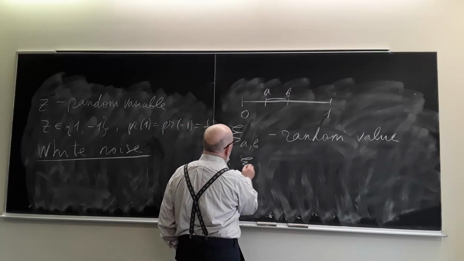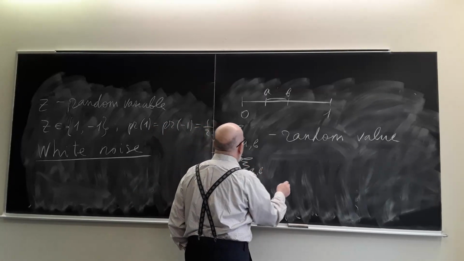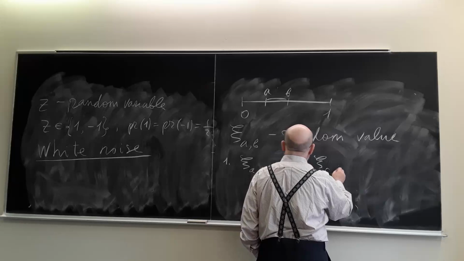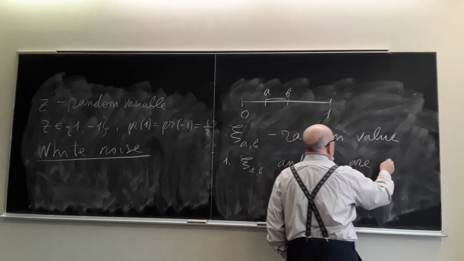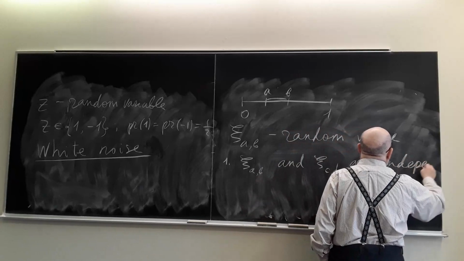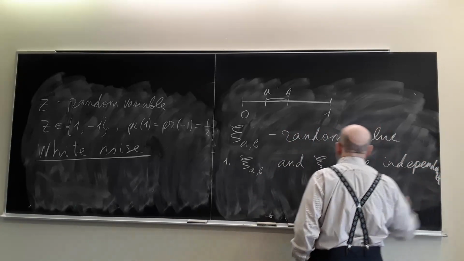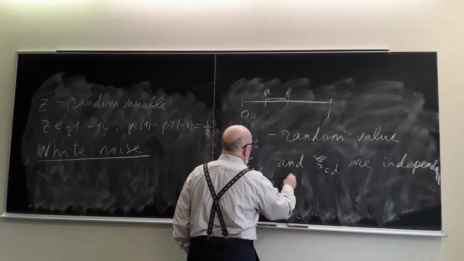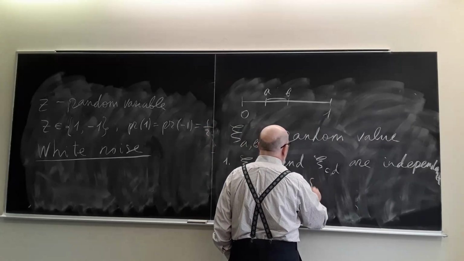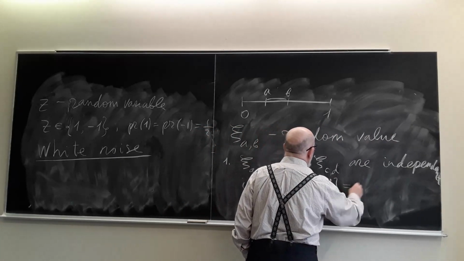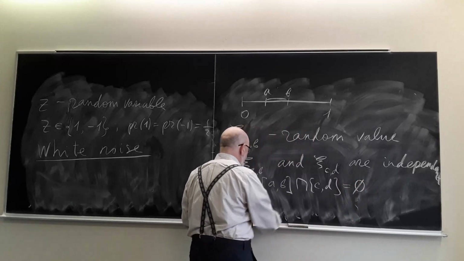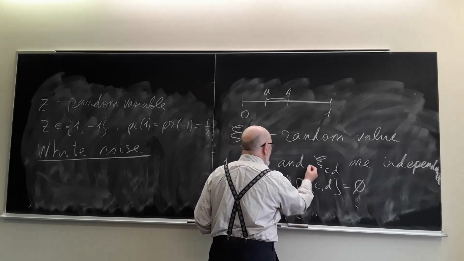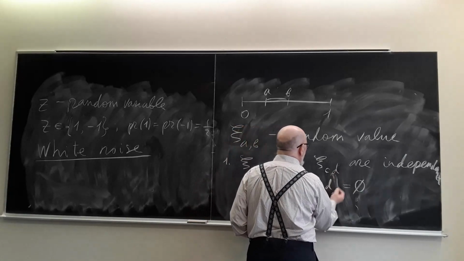First, psi A, B and psi C, D are independent if AB and CD do not overlap.